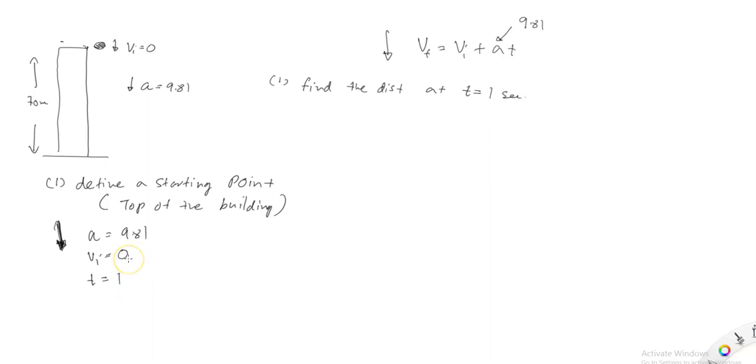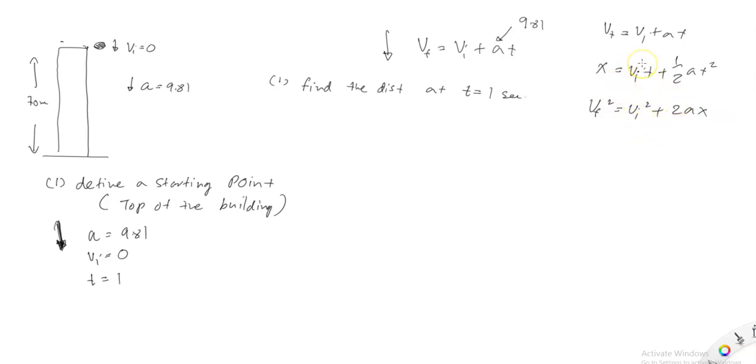So what can we do to find the distance? Think about the equations we have. So I'm going to write them over here. V final equals V initial plus AT, x equals VIT plus half AT squared, V final squared equals V initial squared plus 2AX.